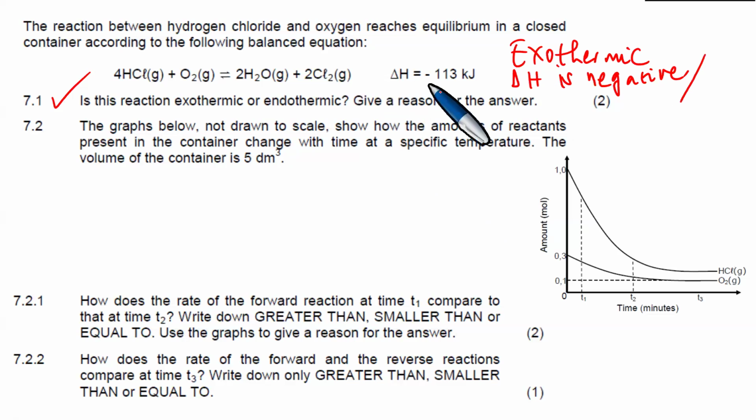Delta H is negative here, which is minus 113 kilojoules, or you can say it is less than 0. The heat of reaction, delta H, is less than 0.